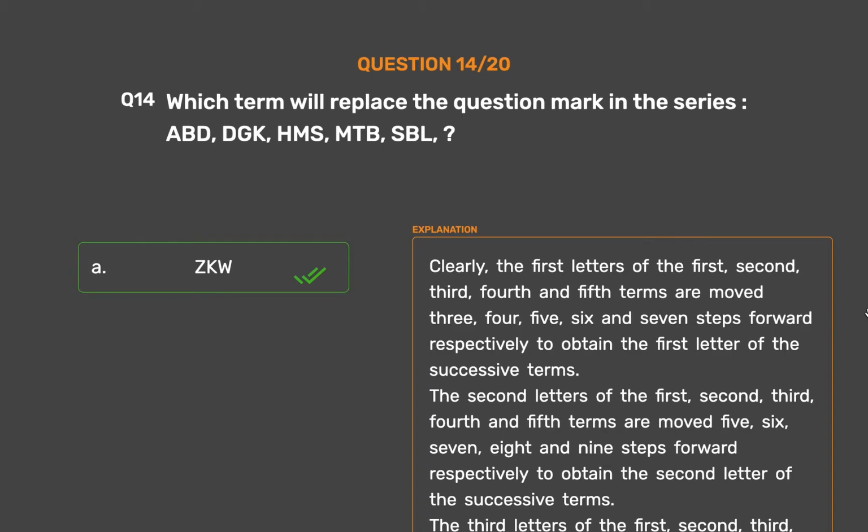The third letters are moved 7, 8, 9, 10 and 11 steps forward respectively to obtain the third letter of the successive terms. Thus, the missing term would be ZKW. Hence, the answer is A.